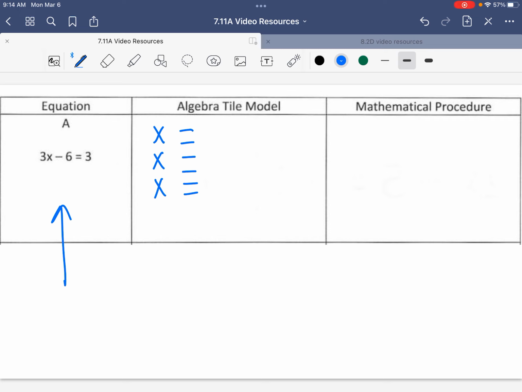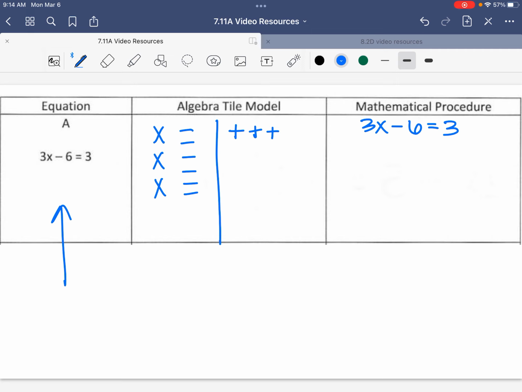This is completely up to you. And all of that is going to equal a positive 3. So I'm going to put 3 pluses. So I'm going to rewrite my equation on the far hand side, so that I can show all of my algebraic thinking as we solve, using both the model and the equation itself.